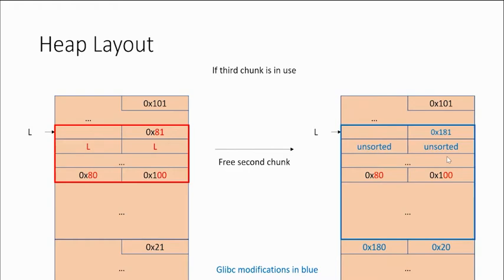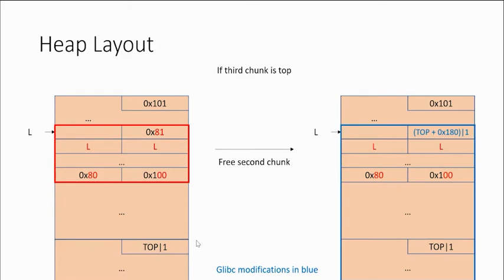And note that this hex 21 becomes hex 20, and we also have hex 180 written here because now this chunk here is basically freed, right? It was consolidated. Another situation happens if the third chunk, the chunk following the second chunk here, is the top chunk. In other words, we have this hex 100, and then the large chunk at the end.